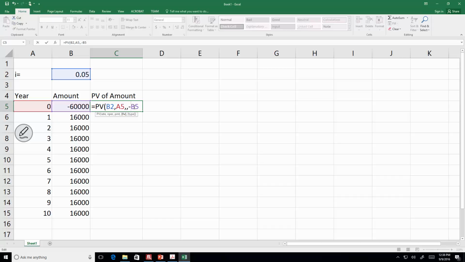When I drag that down for the next row, then it would start looking at the next amount and that year. And that's what we want. But one of those things, we want it to always be the same, and it's the interest rate. We always want it to look at the location for the interest rate. We don't want it to start looking lower than there as we drag the formula down.